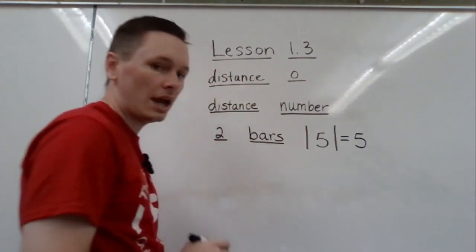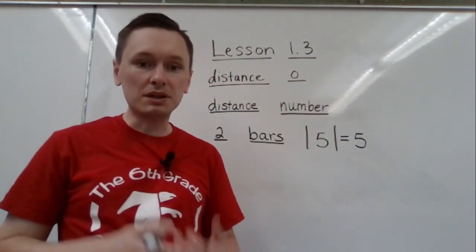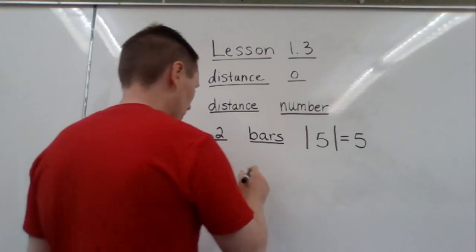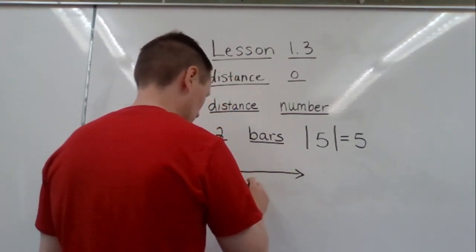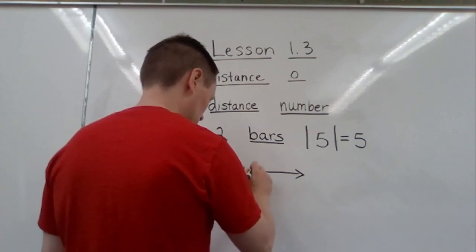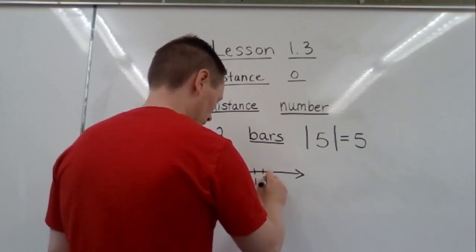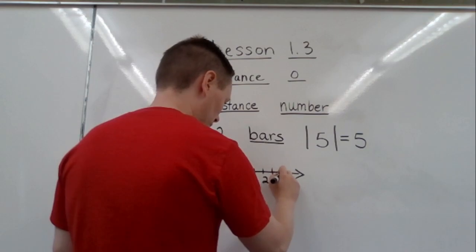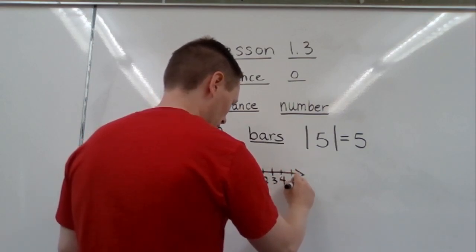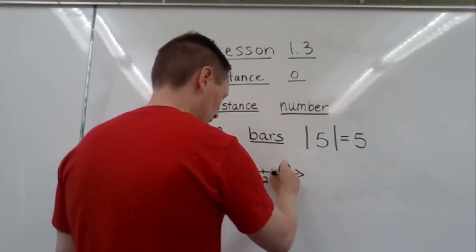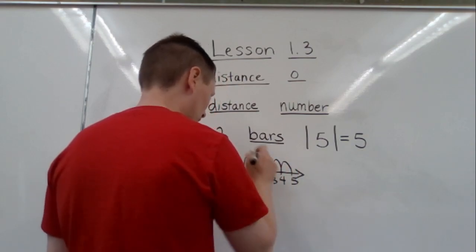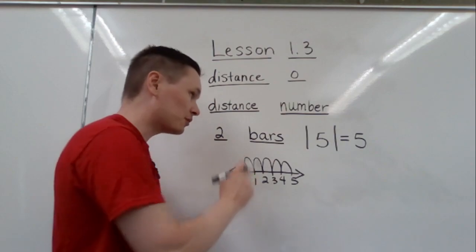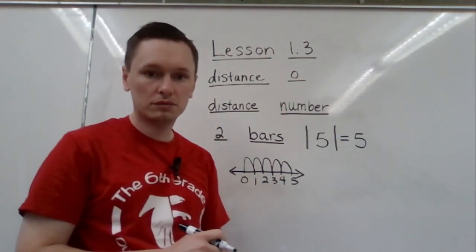All right, and so then looking at our first example, the absolute value of 5 does equal 5. And the reason it equals 5 is because if I draw a quick number line, and I draw up to 5, and take hops 1, 2, 3, 4, 5, it took 5 hops to get to 0.